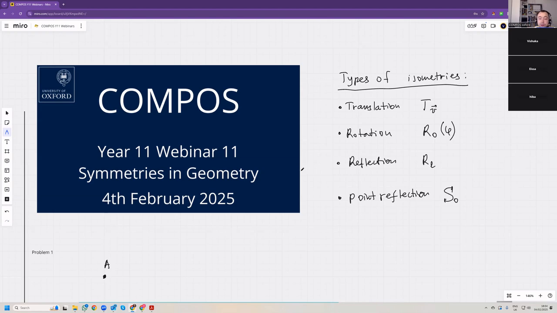In fact, it is transformed into a, say, equal triangle, not equal, but, what's the word? Congruent. So a triangle is transformed into a congruent triangle. A square is transformed into a square, etc.